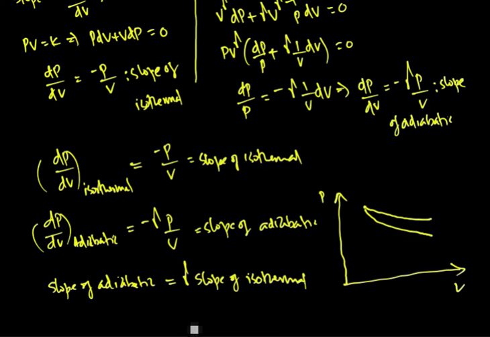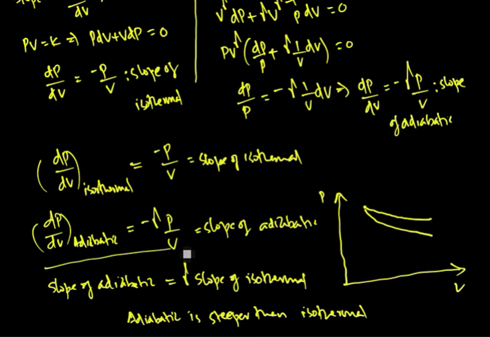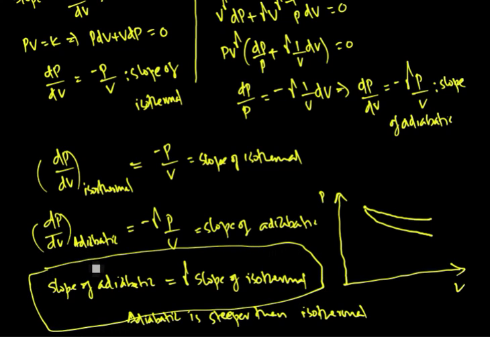So we can say that the curve representing the adiabatic process is steeper than the isothermal, or the slope of the adiabatic process is gamma times the slope of the isothermal process. So that is the relation between the slope of adiabatic and isothermal process.